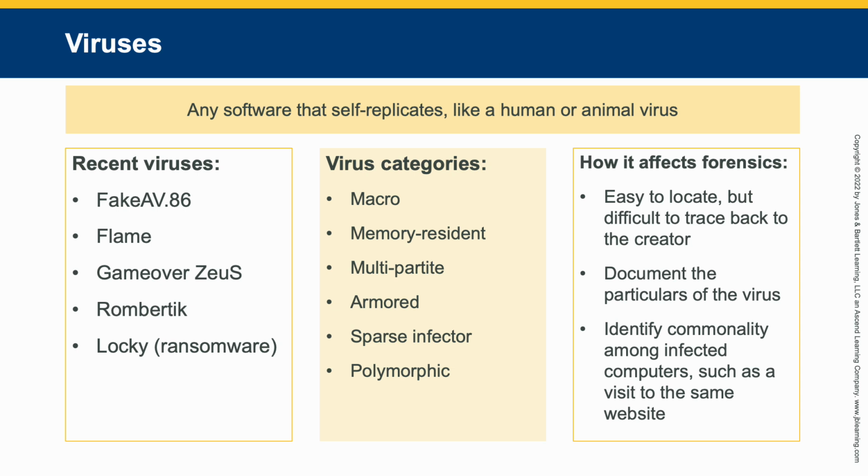How it affects forensics: easy to locate, difficult to trace back to the creator. Document the particulars of the virus and identify commonality among infected computers, such as visits to the same website again and again.